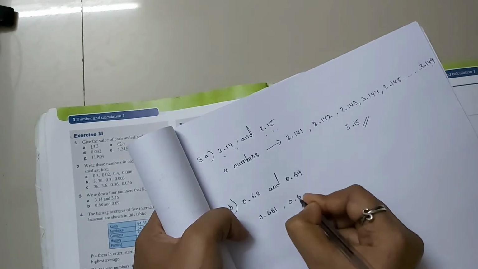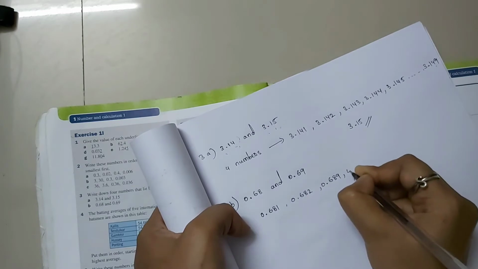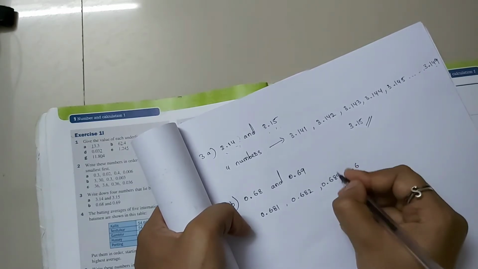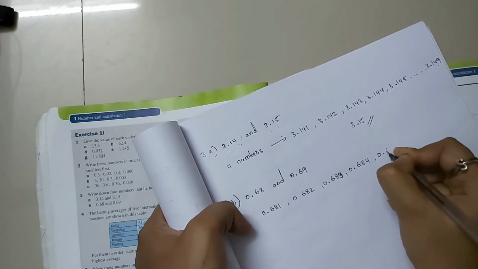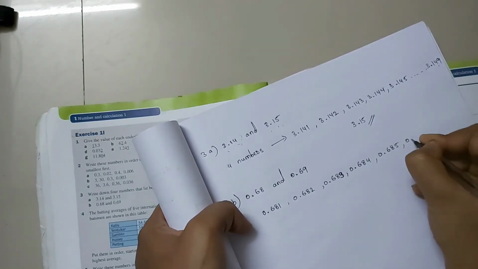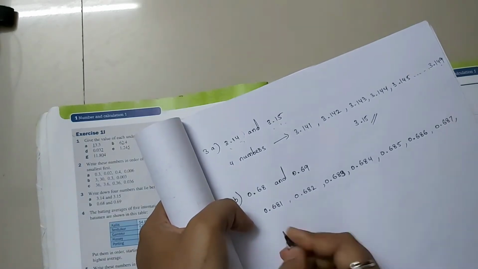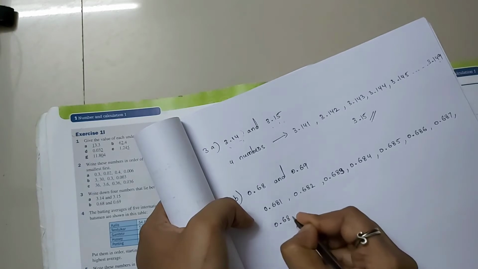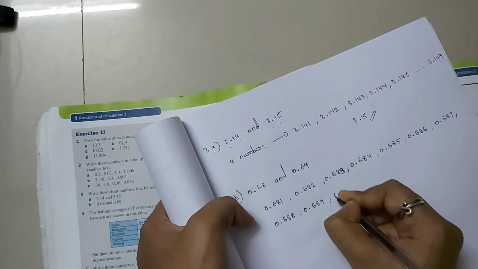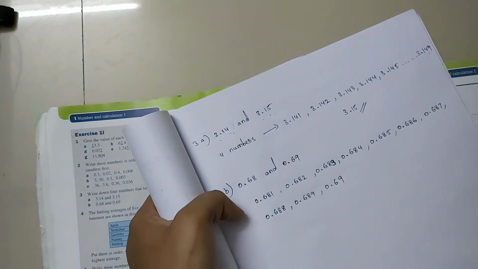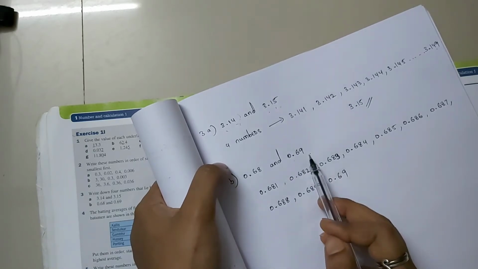Then 0.682, 0.683, 0.684, 0.685, 0.686, 0.687, 0.688, 0.689, 0.69. Understood? So how many numbers do we have in between 0.68 and 0.69?